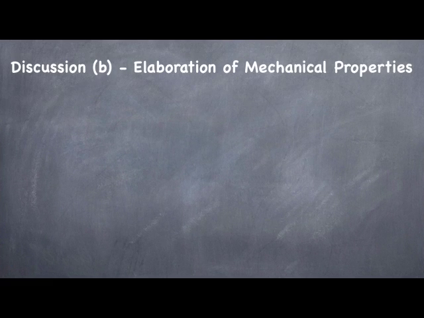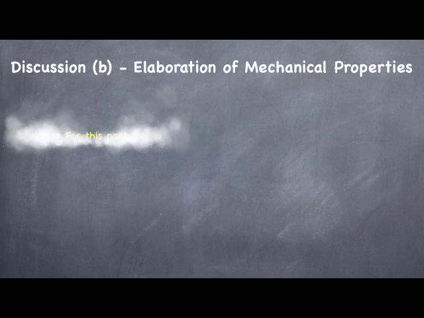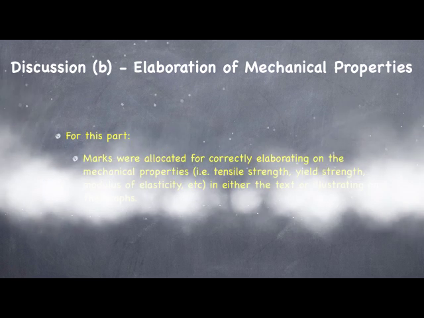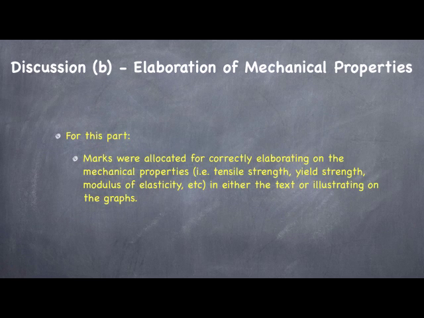Part B is the elaboration of mechanical properties. For this part, marks were allocated for correctly elaborating on the mechanical properties. In other words, what do tensile strength, yield strength and modulus of elasticity mean?